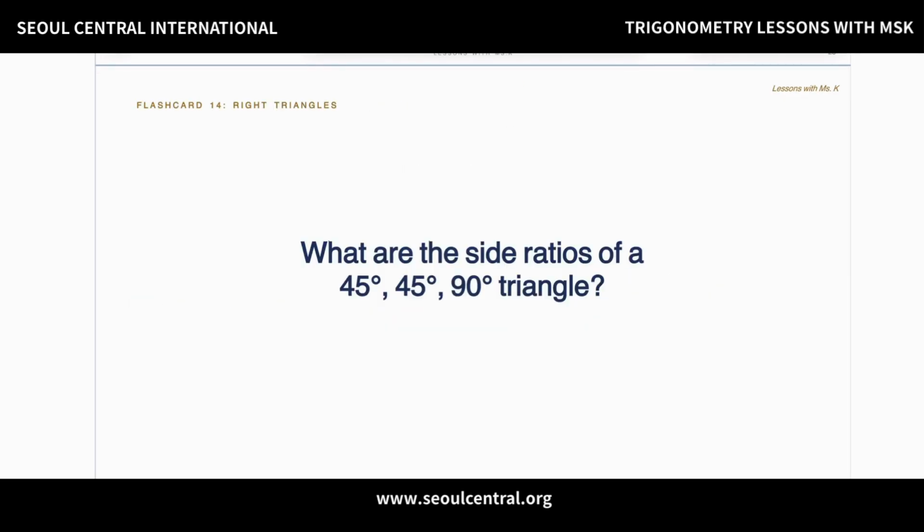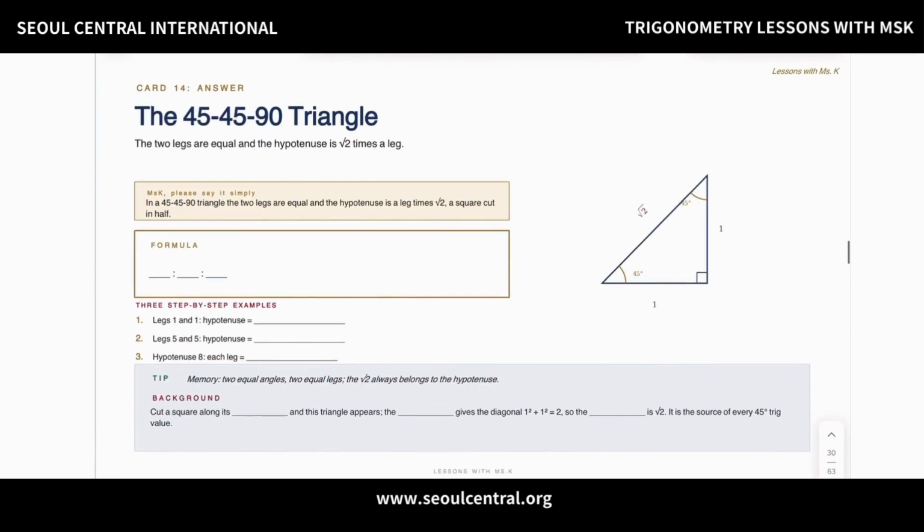Flashcard 14, what are the side ratios of a 45, 45, 90 triangle? In a 45, 45, 90 triangle, the two legs are equal and the hypotenuse is a leg times square root 2.